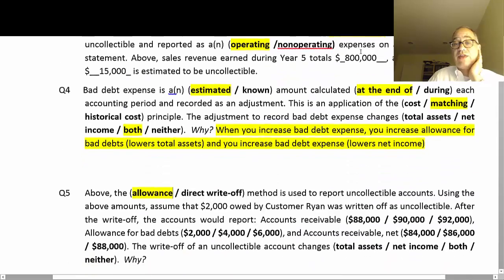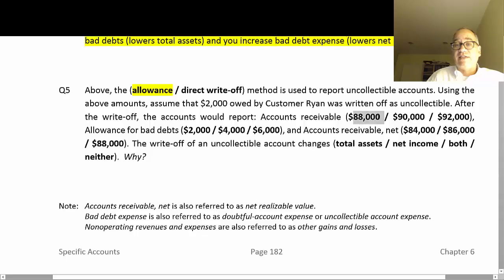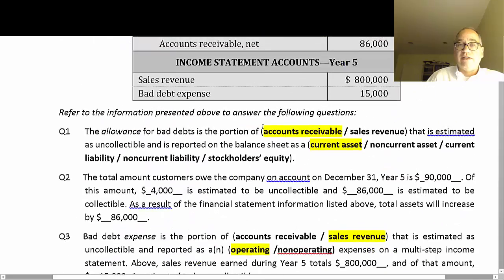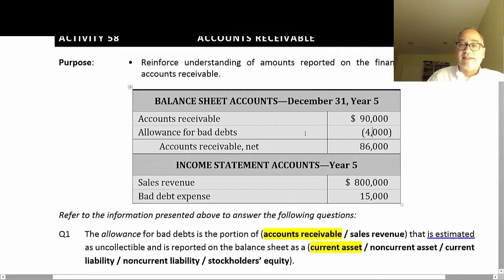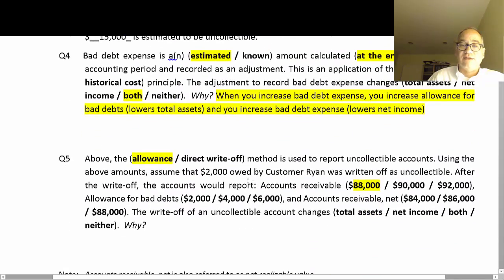That would go down by $2,000 to be $88,000. The allowance for bad debts would decrease by $2,000 and go down from $4,000 to $2,000. And the accounts receivable net then would be 88 minus 2, or $86,000.